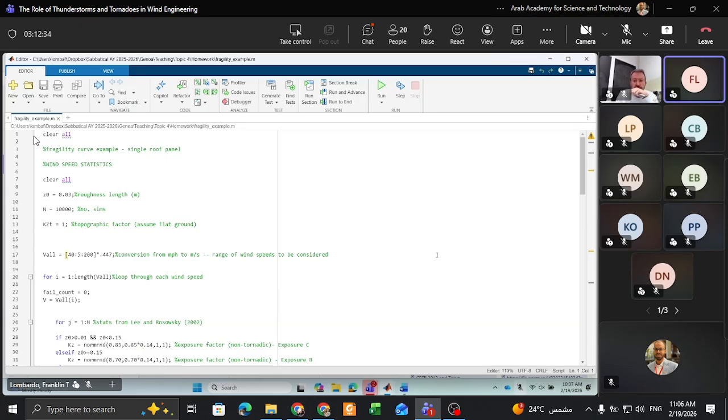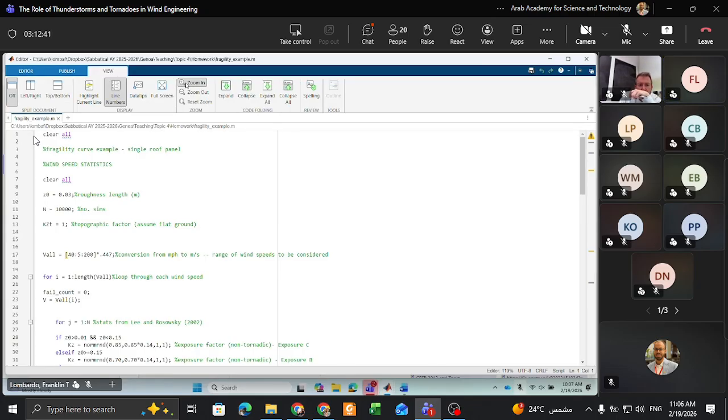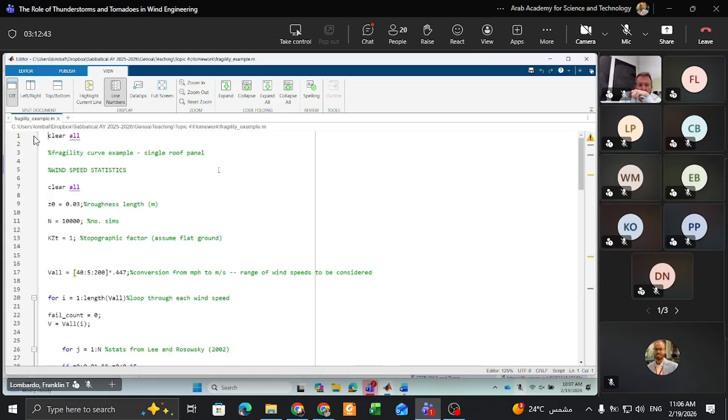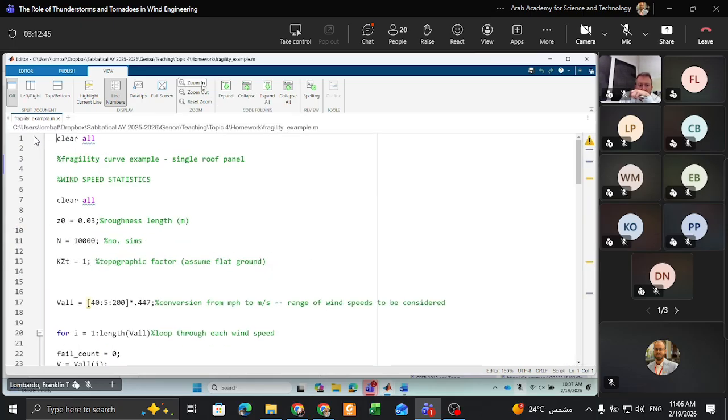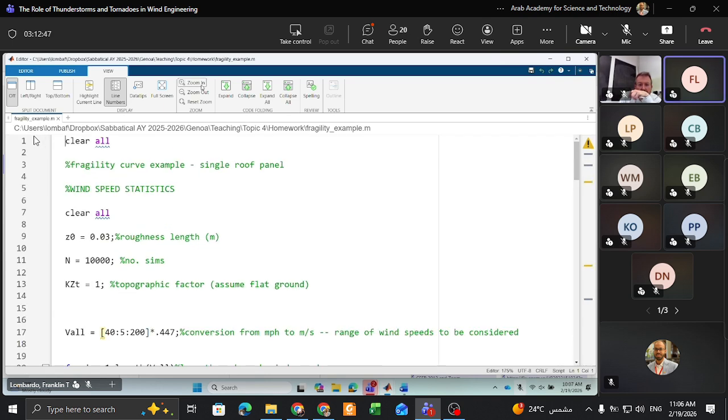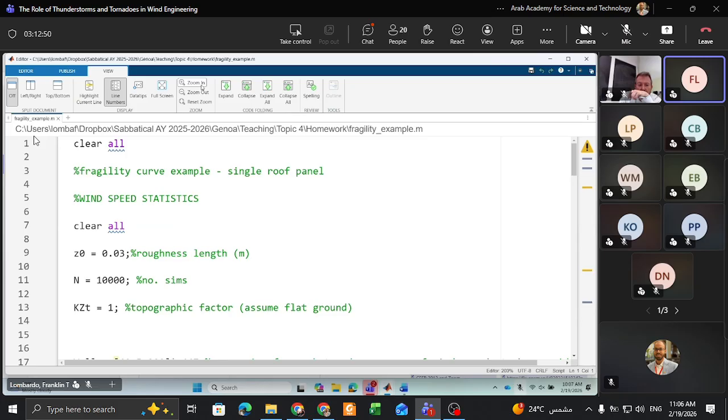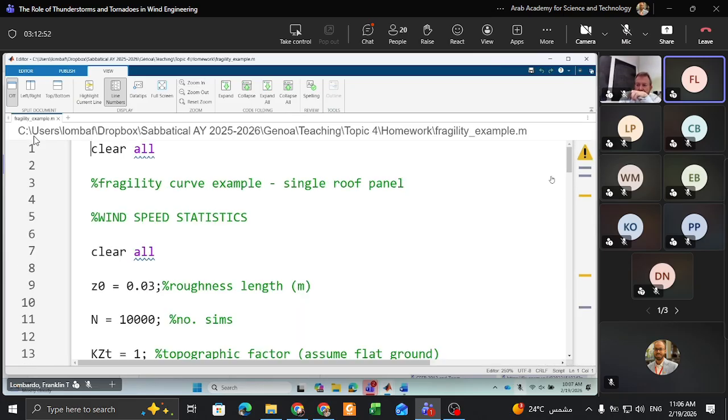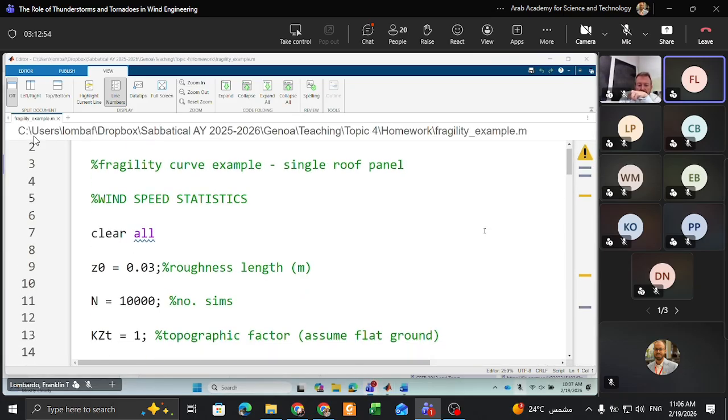Let me zoom in. Online, you'll probably be able to see it better. I'll share this as part of your homework. It has a couple of intermediate steps in there that maybe you could skip.